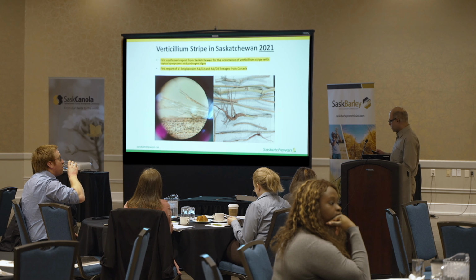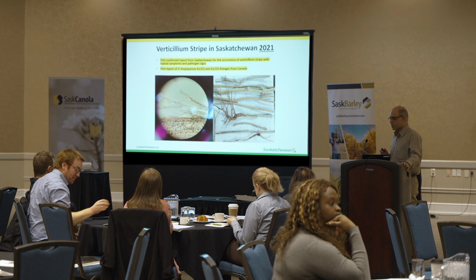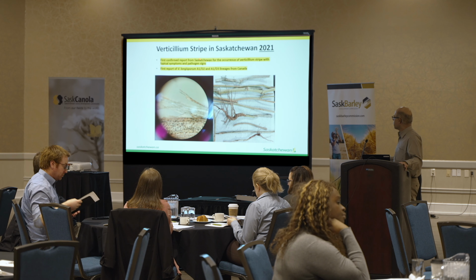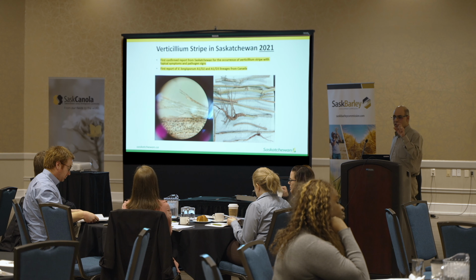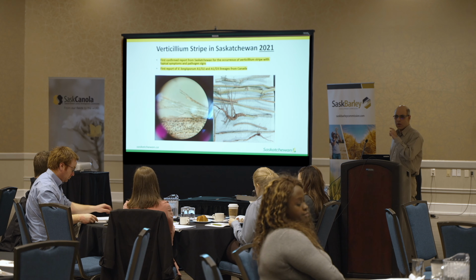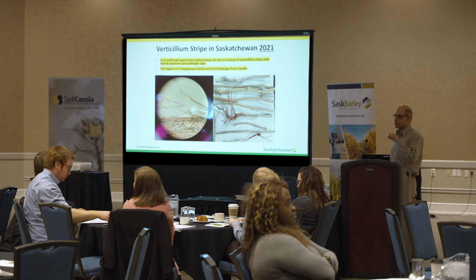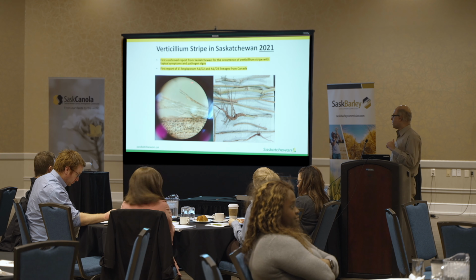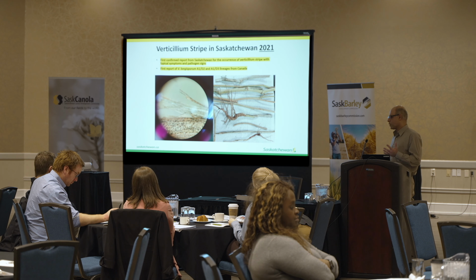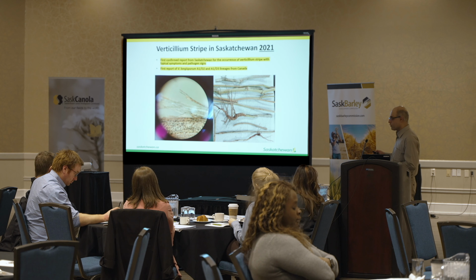So verticillium stripe is quite recent for Saskatchewan. The visible signs of the pathogen, those microsclerotia, were reported in Saskatchewan only last year. It was a farmer just combining the crop and seeing something unexpected, sending it to us, and it was verticillium.